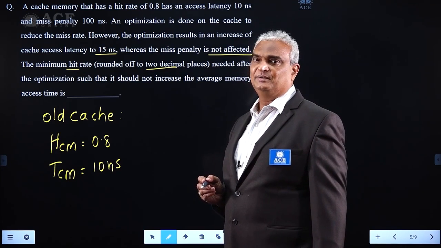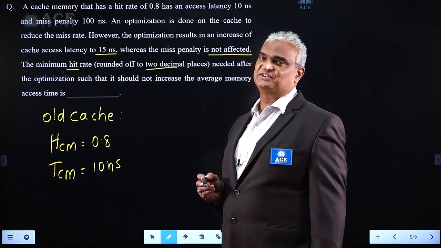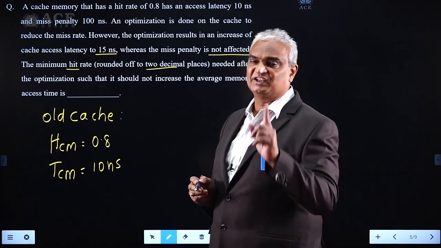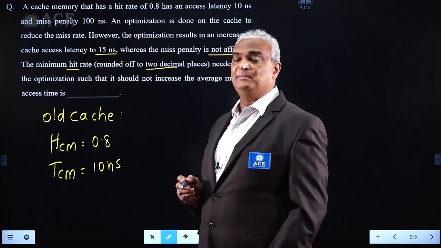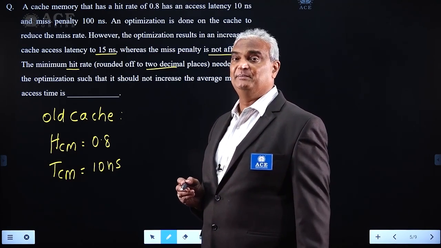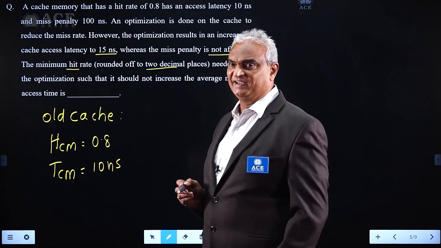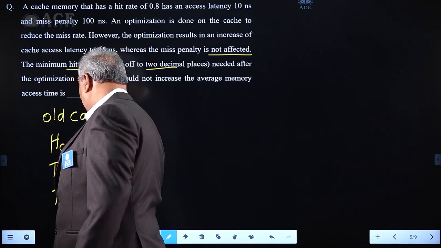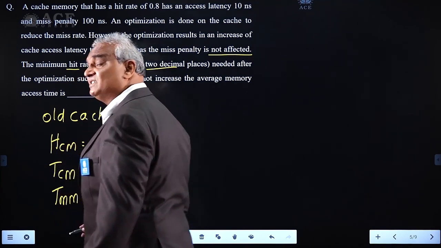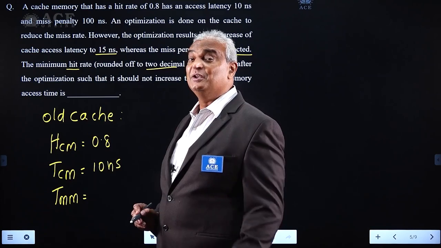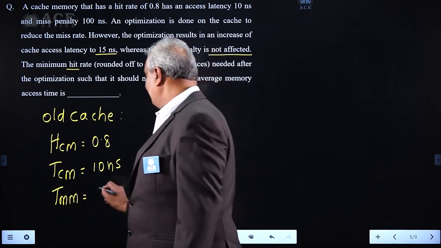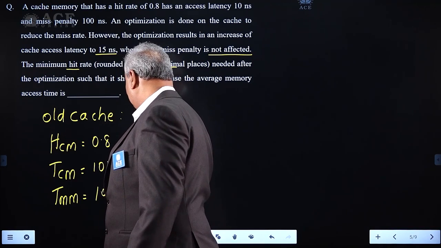If hit has occurred, main memory does not involve in this operation. Main memory involves when there is a miss in cache memory. The amount of time needed to access a word from main memory is nothing but miss penalty. How much time it is? 100 nanoseconds. Simply it is nothing but TMM. When miss has occurred in cache memory, then only miss penalty is considered, nothing but main memory access time, 100 nanosecond.